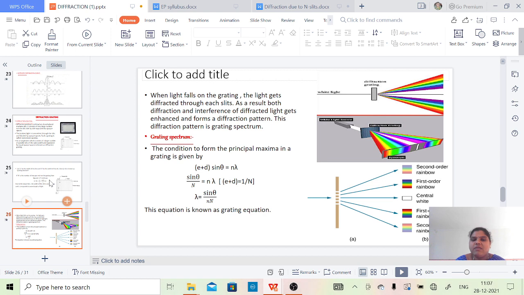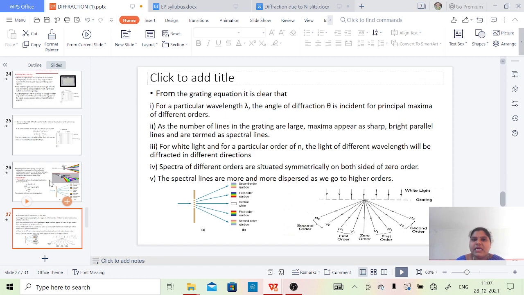Since e plus d equals 1 by N, sin theta by N equals n lambda, so lambda equals sin theta by (N n). This equation is known as the grating equation.